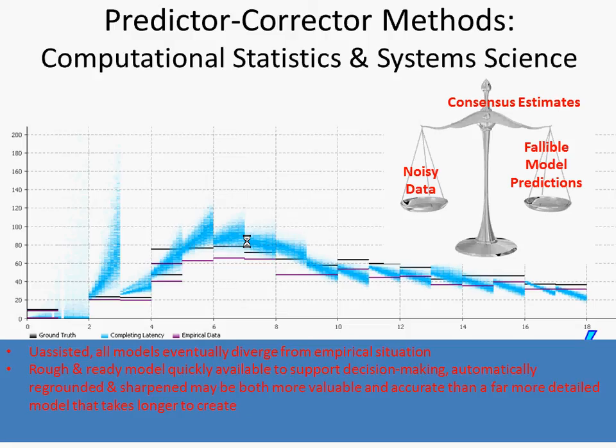You can actually have them feed off the best features of each of them. And the model may still, in the short term, be fairly accurate for prediction. Hugely more accurate than if you had just let it run open loop without regrounding it. And you're taking into account the fact that the data is noisy, and so not trusting the data as if it's come down from heaven, and the model is error prone, so you're not trusting everything to the model.